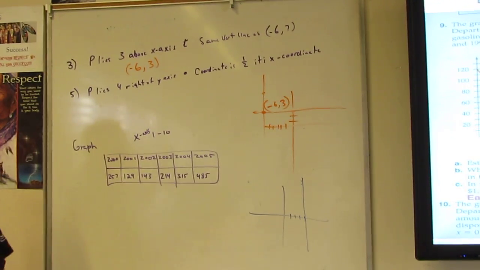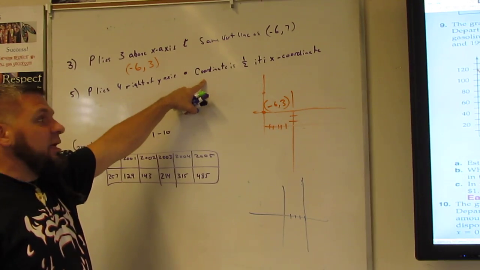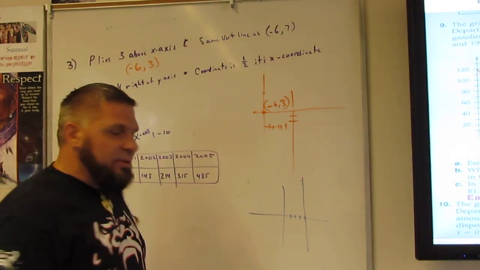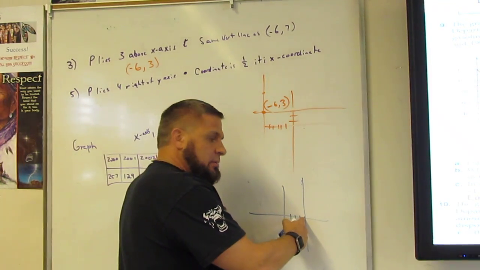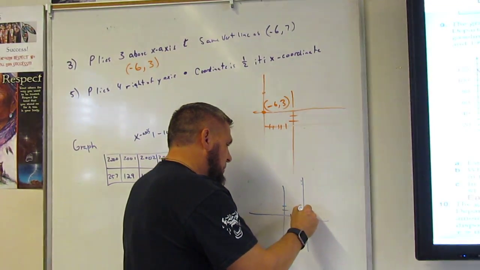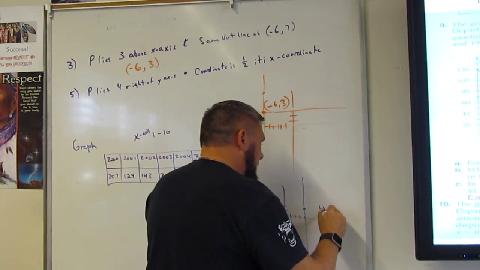I don't know where, but somewhere on that line, right? And then the y-coordinate is half of its x-coordinate. Well, its x-coordinate is 4. What's half of 4? 2. Right? So it would be 4, 2.